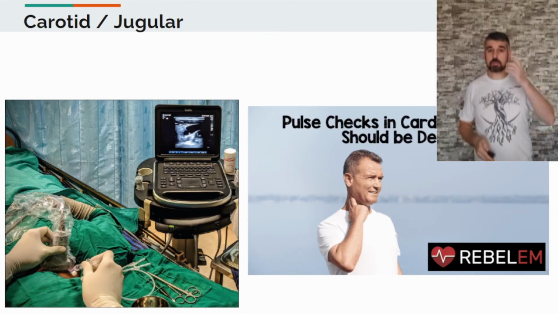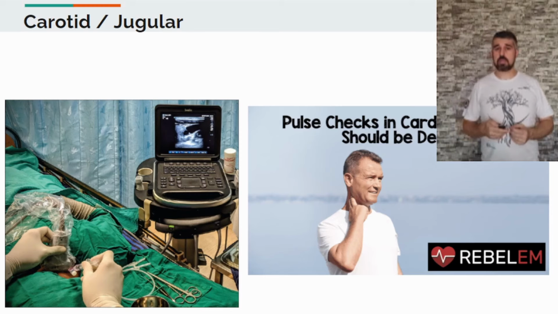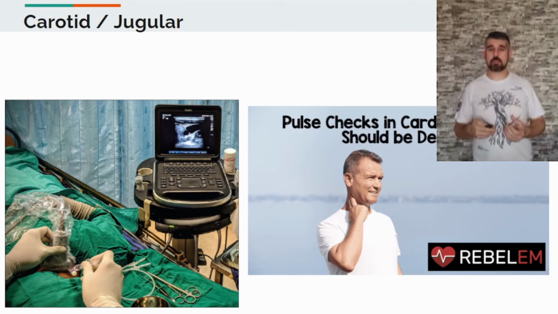Also very important for us is to take a look at the neck, especially the carotid artery and the jugular vein. Mainly because when we're thinking about central access, we have seen that there are several studies showing that doing this kind of procedure using ultrasound makes it much safer, much easier, and has fewer complications.